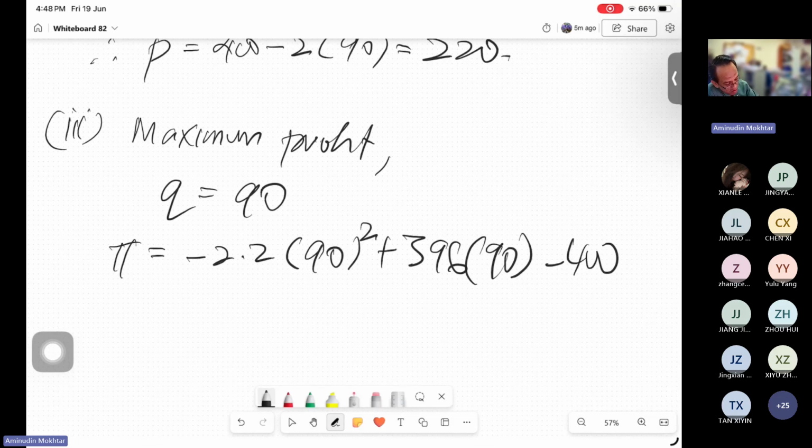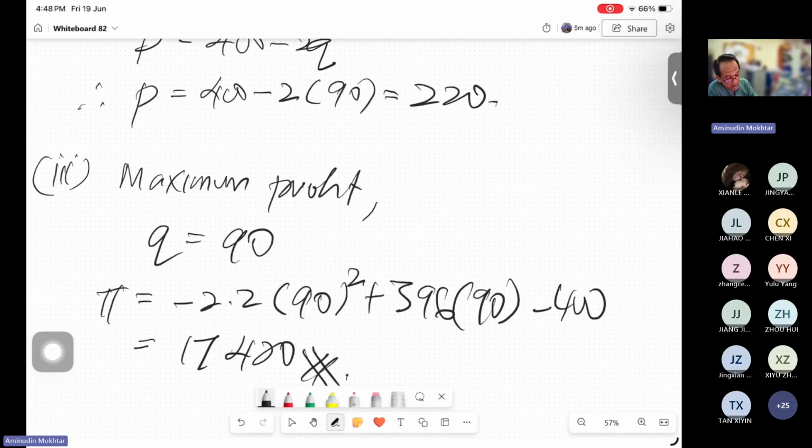So the total maximum profit is 70,420. That's the application of dy dx that we learned now, how to find the maximum or minimum profit.